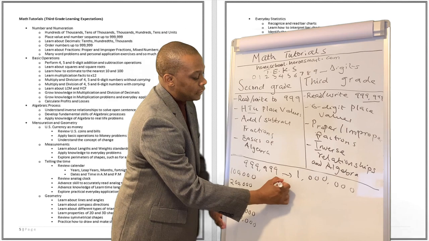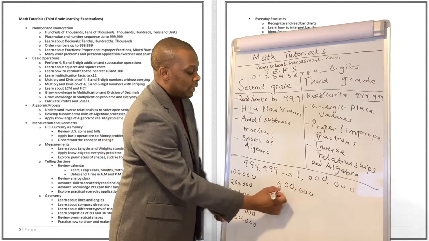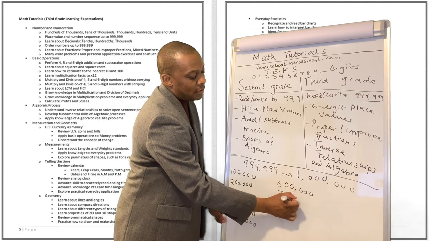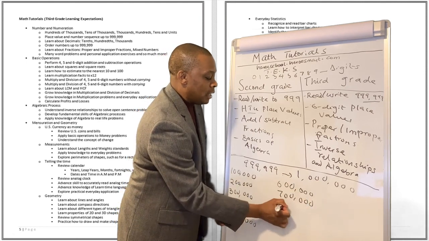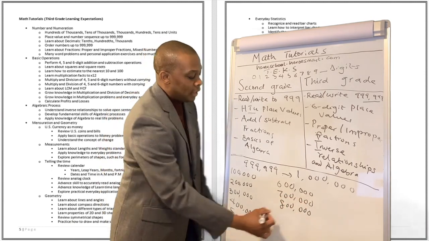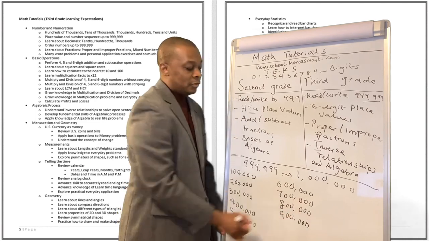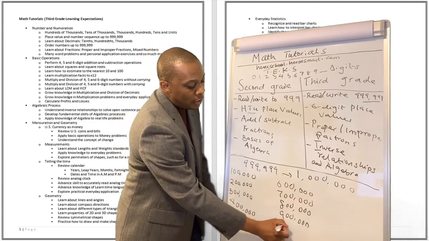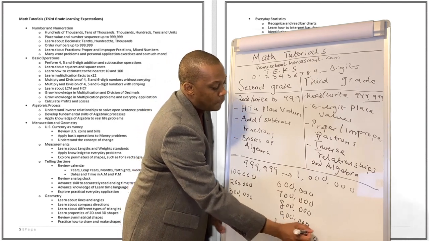And then 600,000. And then 700,000. And 800,000. And then 900,000. And then 1 million. So this is 1 million.